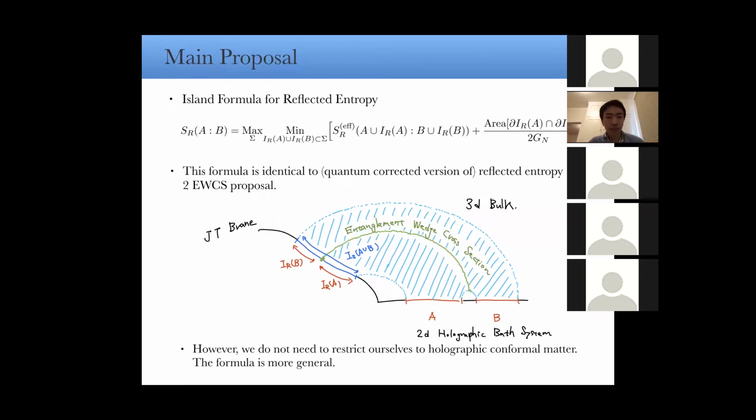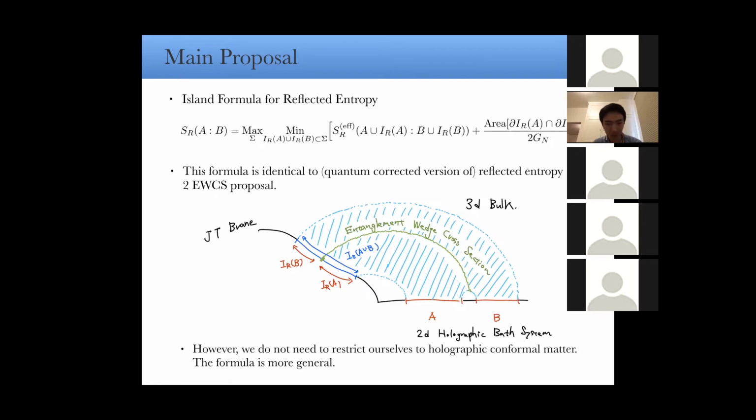So this formula we could expect if you consider the double holographic picture. By double holographic picture, I mean originally I have the 1D quantum mechanics, which is attached at the boundary of a 2D holographic CFT.